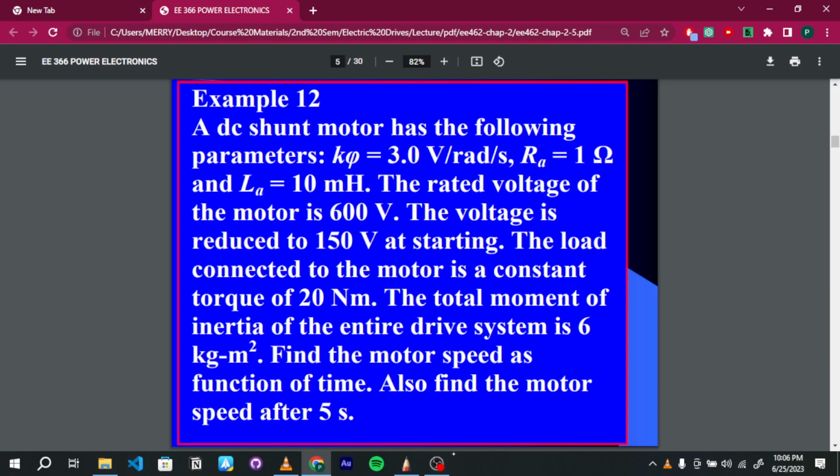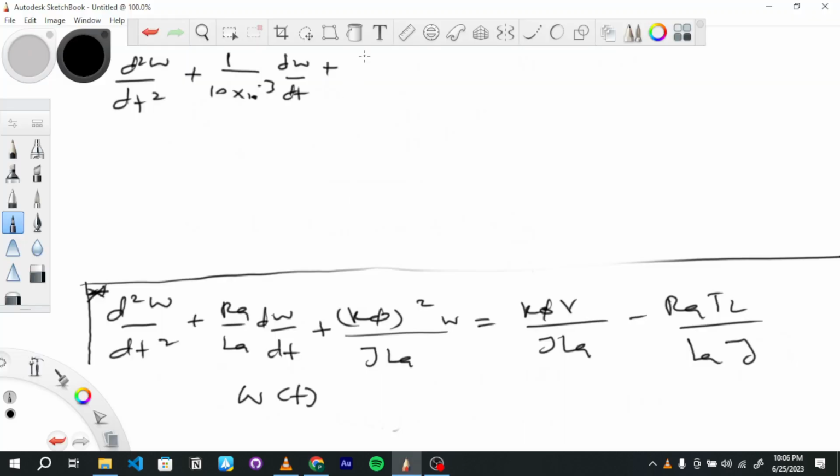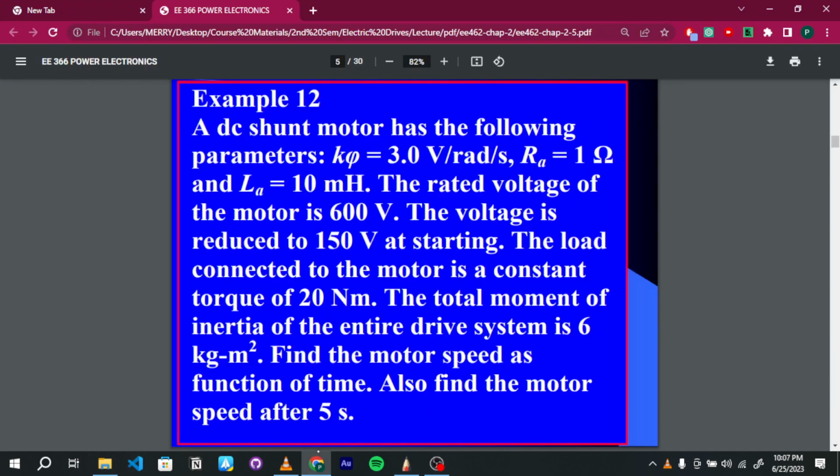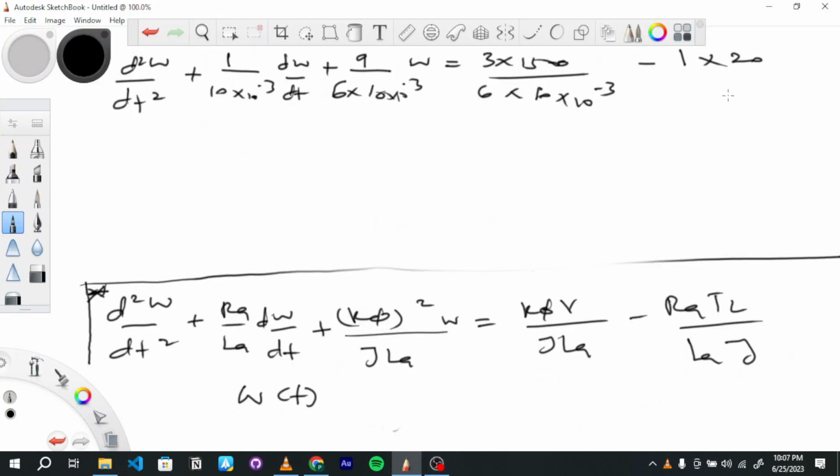J is 6, LA is 10 times 10 to the negative 3, omega is equal to K phi, 3, times V, 150, over J, 6, LA, 10 times 10 to the negative 3, minus RA, which is 1, times the torque TL, which is 20.